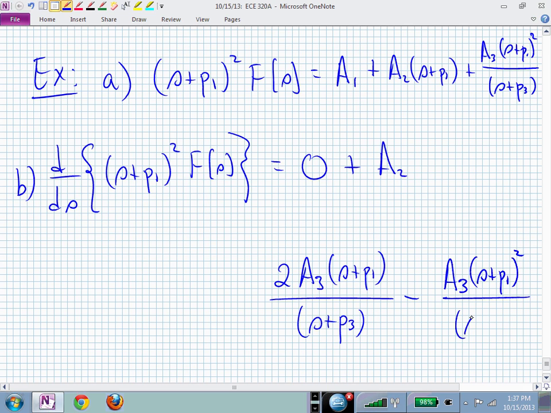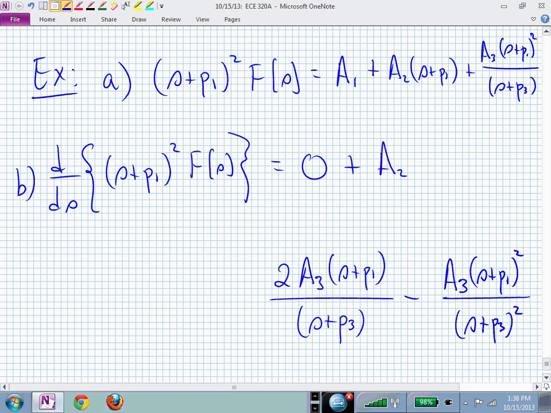And now I have s plus p3 squared times the derivative of s plus p3, which is 1. Is that okay? I've differentiated. I haven't done that curly bracketed term yet, but I'll save that for you to do tonight. Maybe, if we don't get there.